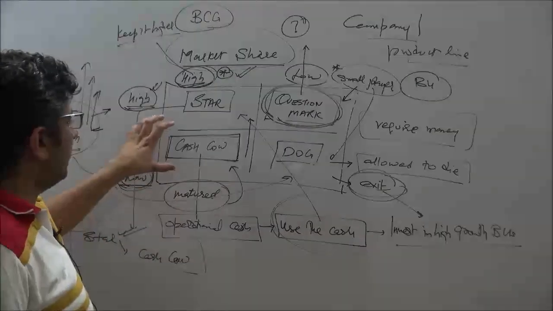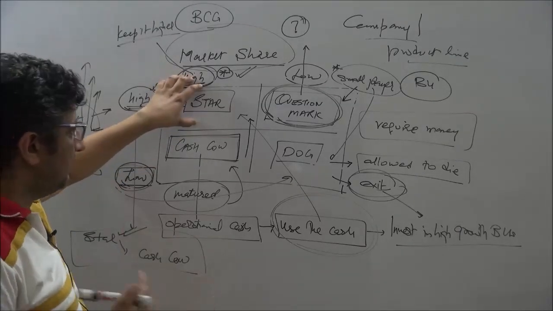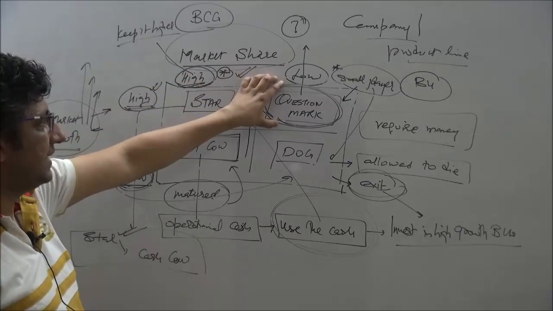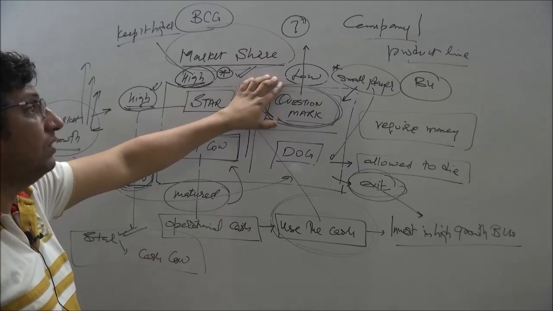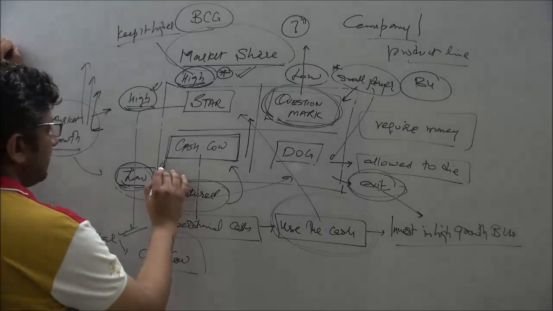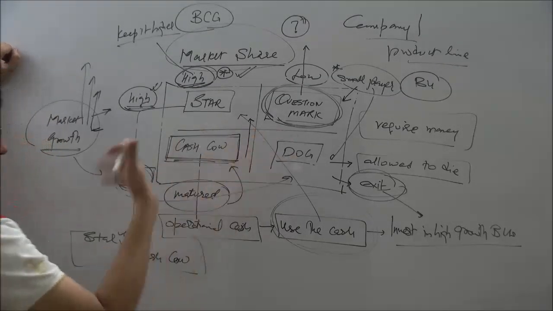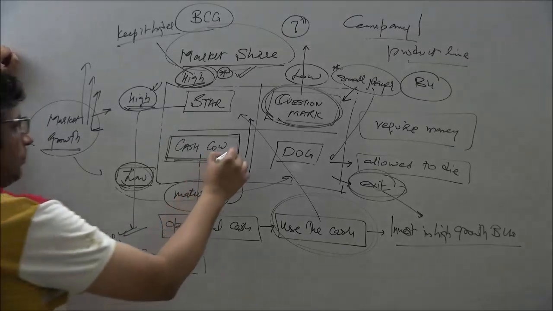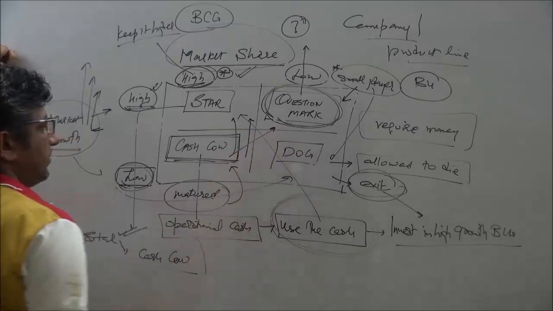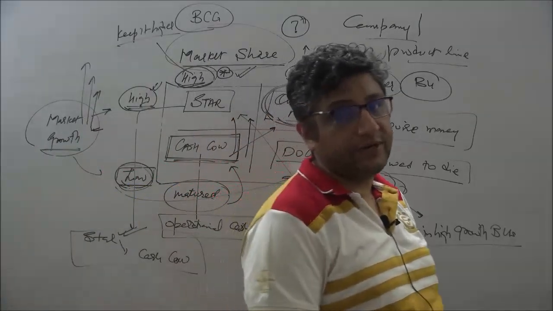You really want everybody to become a star, but of course most of the times you find a challenge with the question mark, because you don't know how to deal with that part, and eventually you expect the cash cow to be using the funds to put it into a star or maybe even into a question mark. So that is how broadly you would like to evaluate.